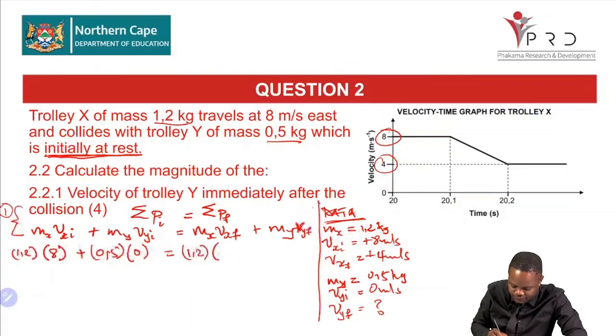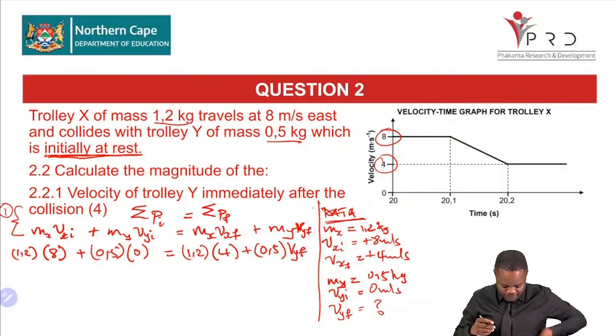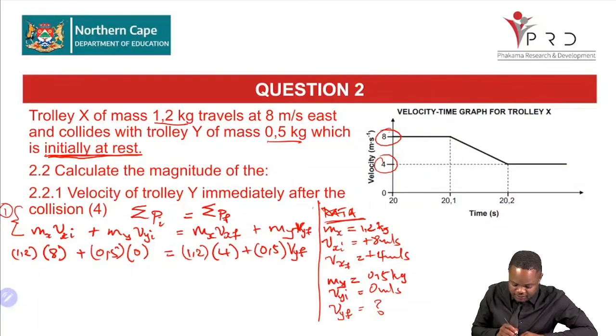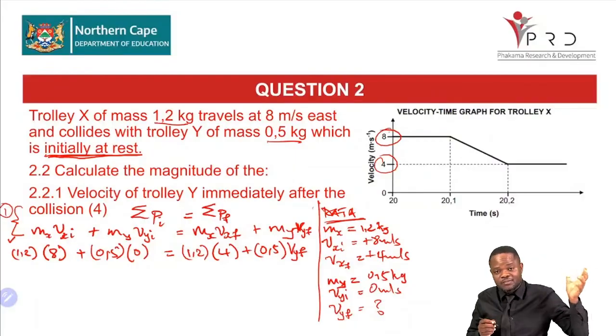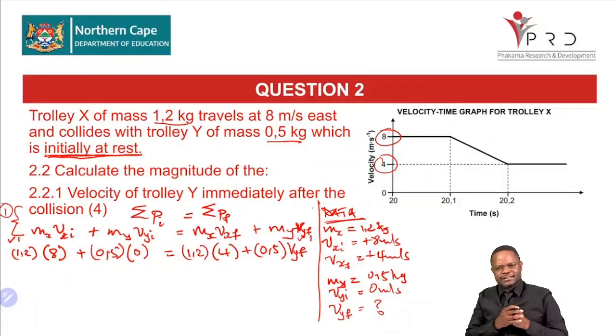Vxf is 4. Plus My, 0.5, then our Vyf, the one that you want to calculate. And for this part, again, you're going to get a single mark for the initial momentum side, and another mark. At this stage you can see you're already at 3 marks, grade 12.